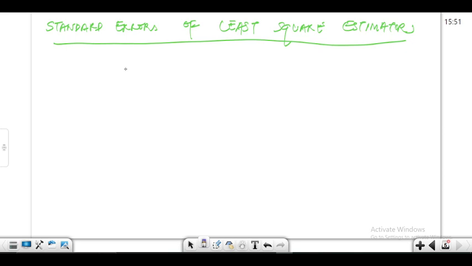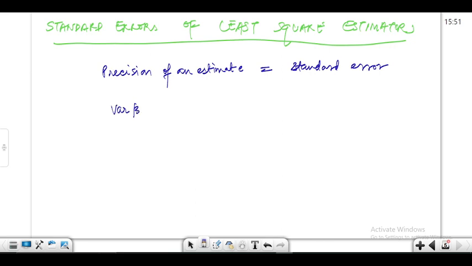So in statistics, the precision of an estimate is measured by standard error, or the standard deviation. The variance of beta 2 hat can be written as sigma square upon summation xi square, this is small xi square.